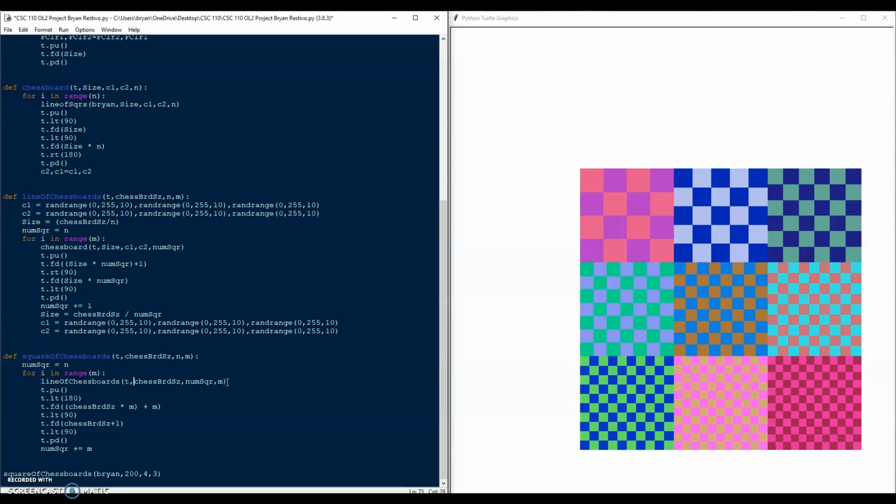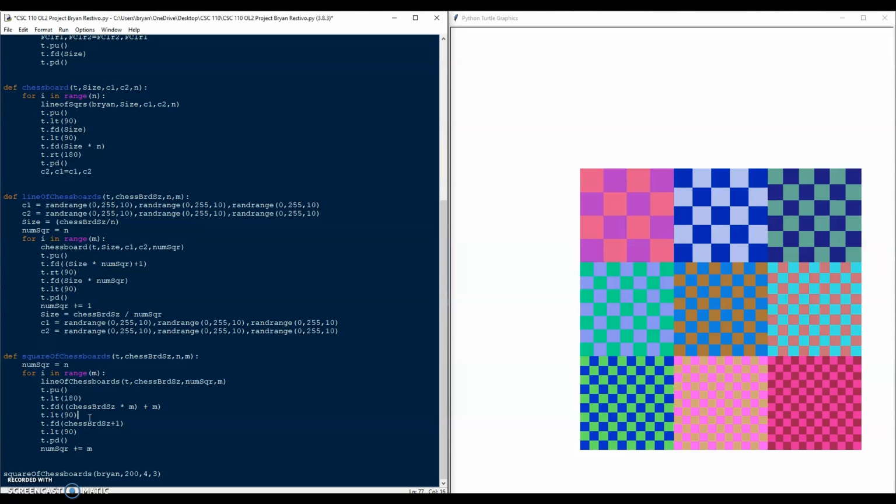So after it draws a line of chessboards, the pen gets picked up, it turns left 180 degrees, and then it moves forward the size of this horizontal line here, which would be the size of a chessboard times the number of chessboards, and then I have the plus m here to compensate for this plus 1 up here to make things even again.